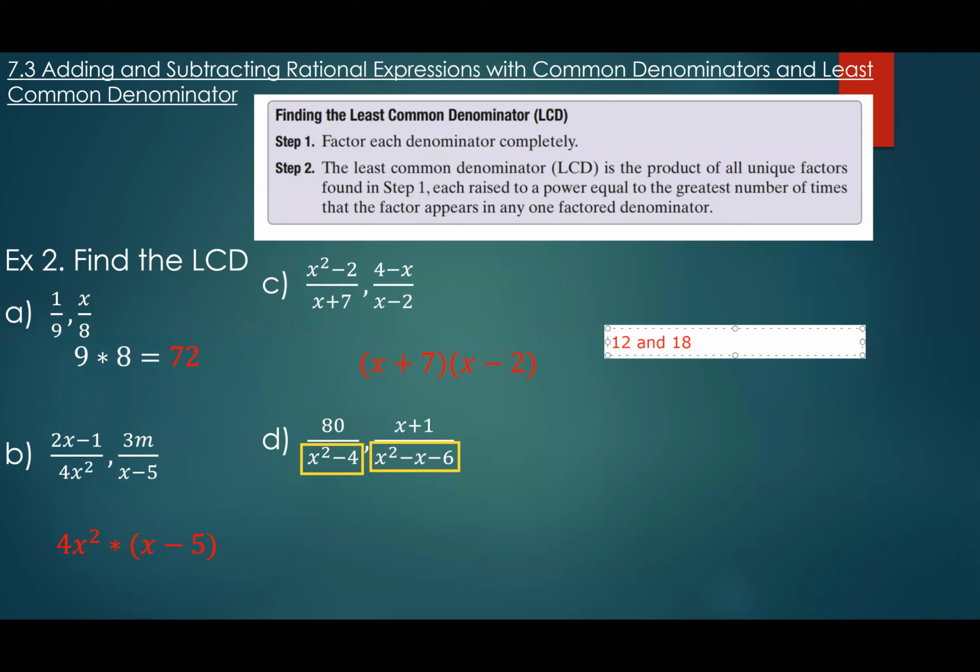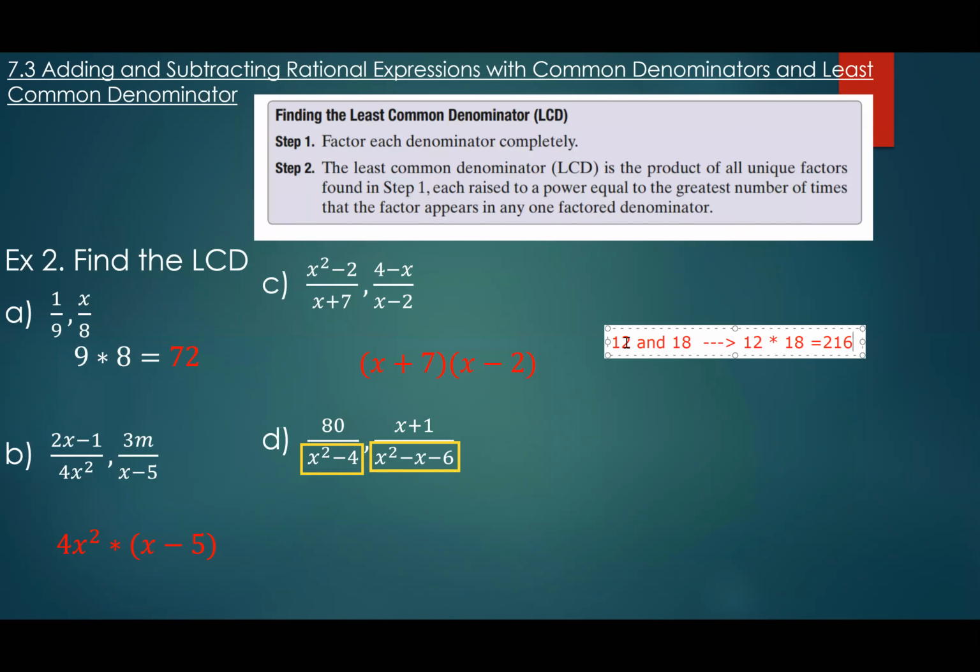If you take the 12 times the 18, you will get 216. Is that correct? If you take the 12 times the 18, you have 216, right?